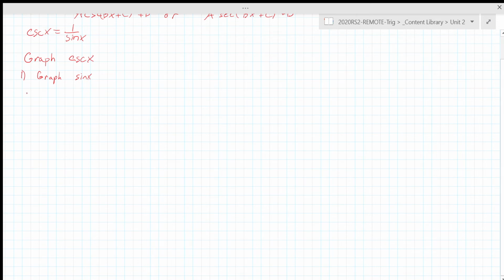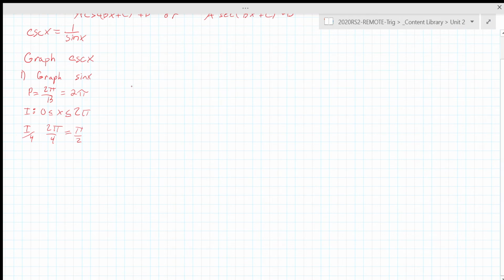And we'll do that the way we have been doing it. The period is 2 pi divided by b, or here that's just 2 pi. The interval is 0 less than or equal to x less than or equal to 2 pi. Our interval over 4, that's just our period divided by 4, or pi halves, which tells you how you're going to make marks on the x-axis.